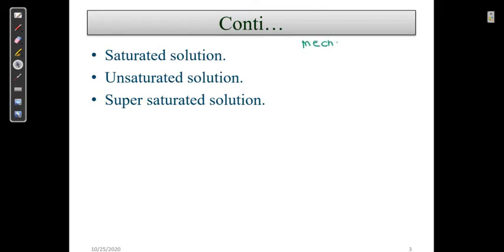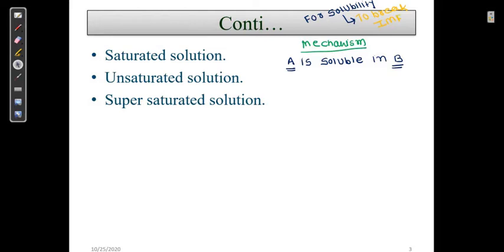Let us see briefly how something becomes soluble. Suppose A is soluble in B. Dear students, for solubility we only need to break intermolecular forces.